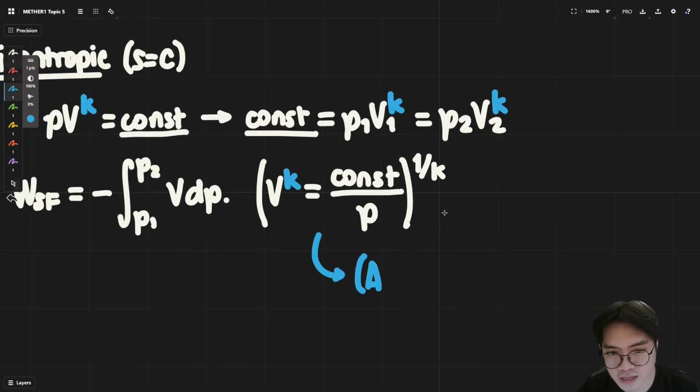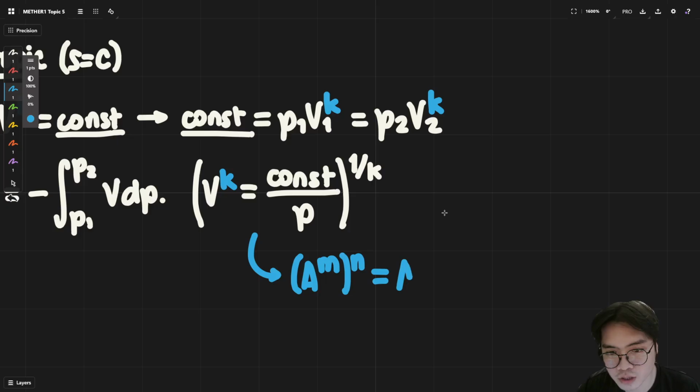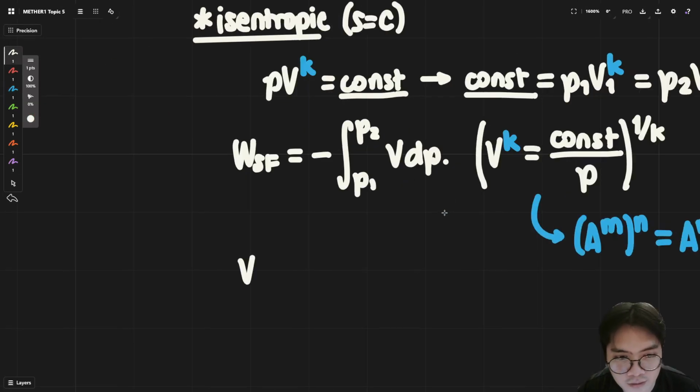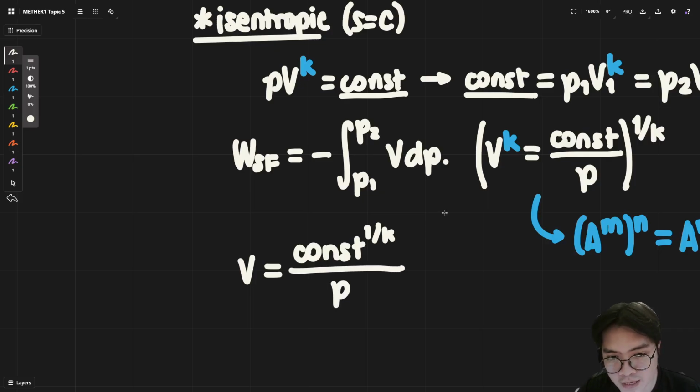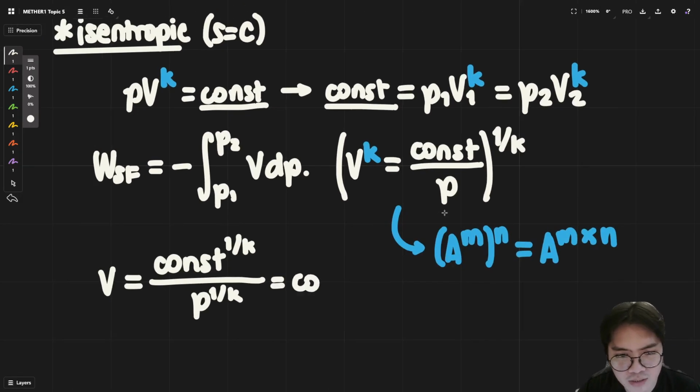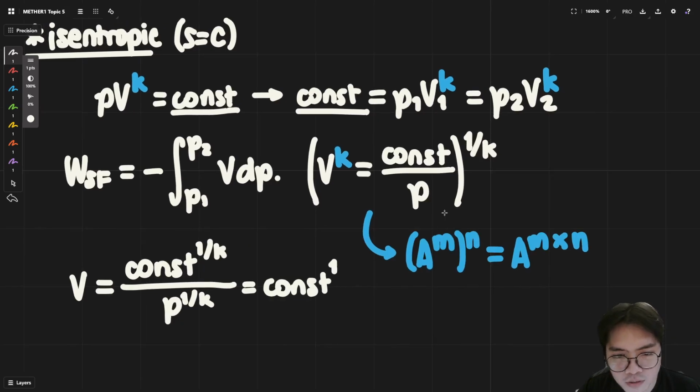If you're raising A raised to M to another exponent, you're just multiplying their exponents. So now your V is equal to constant raised to 1 over K divided by P raised to 1 over K. And this kind of looks like an eyesore, so I will put the P above.